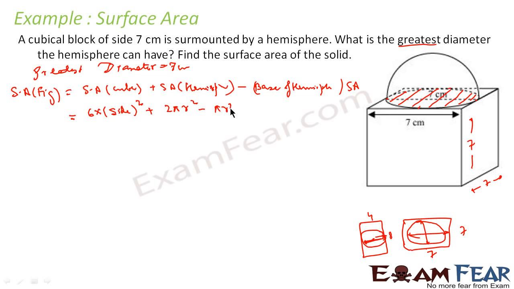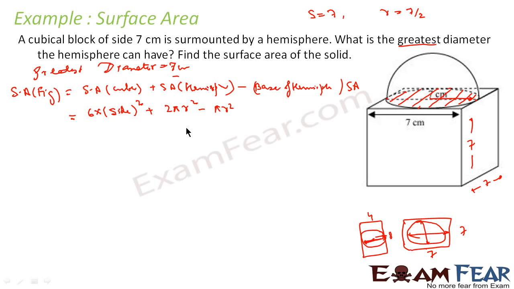How? Because the radius is r, this is the radius, and the base of the hemisphere is a circle, and the area of a circle is pi r square. So in this figure, the side is 7 and the radius is how much? 7 by 2. The diameter is 7, so radius is 7 by 2.